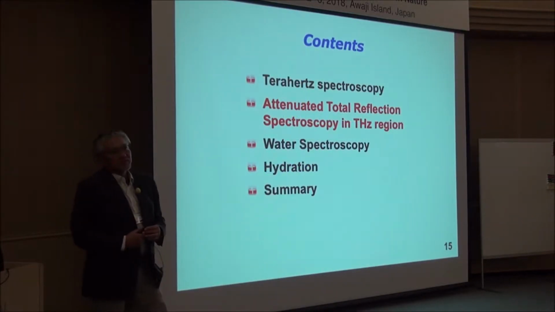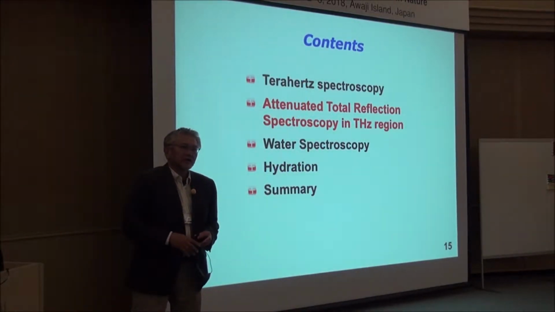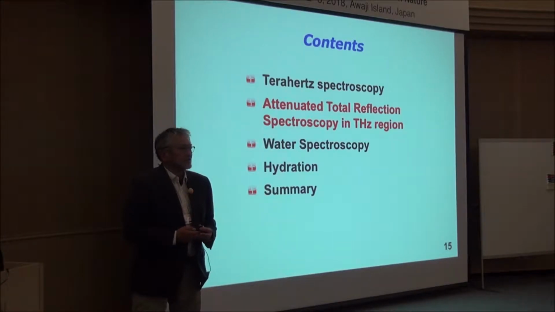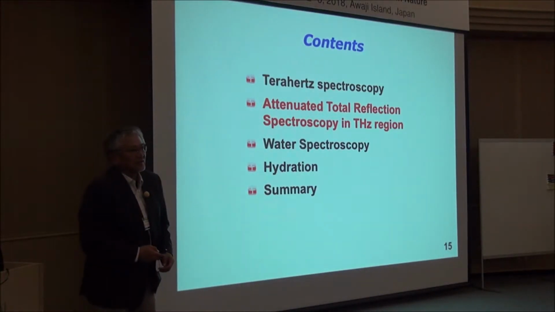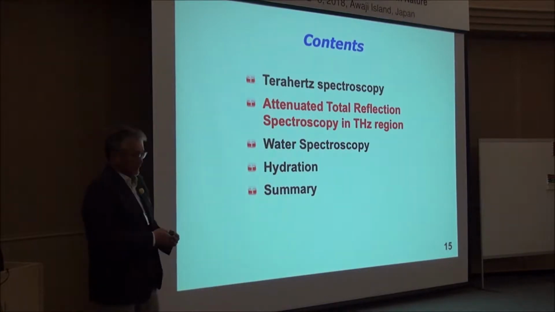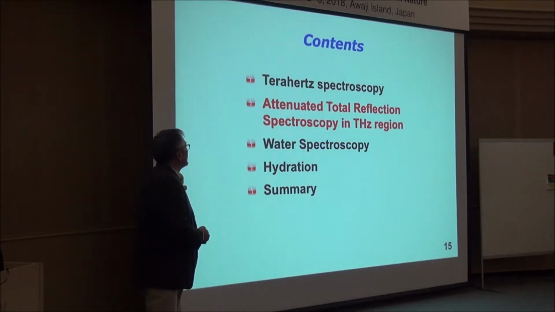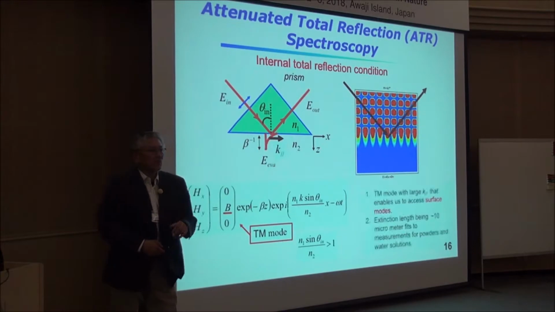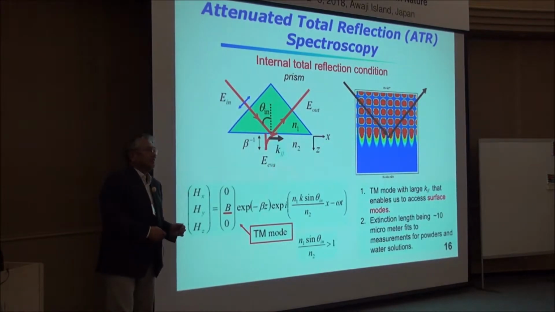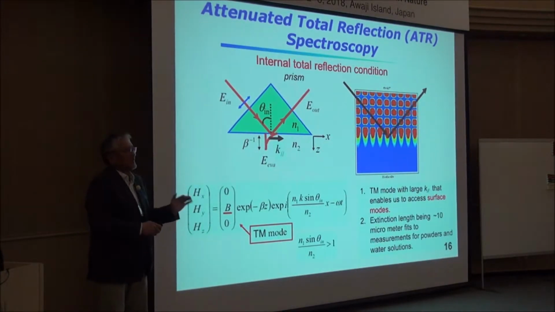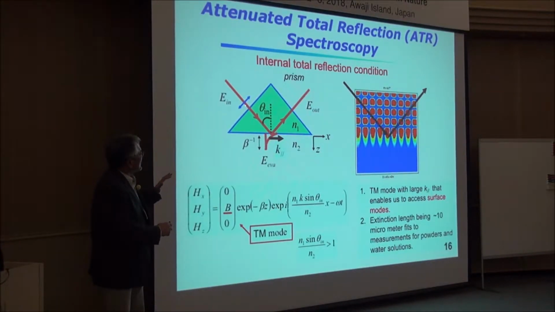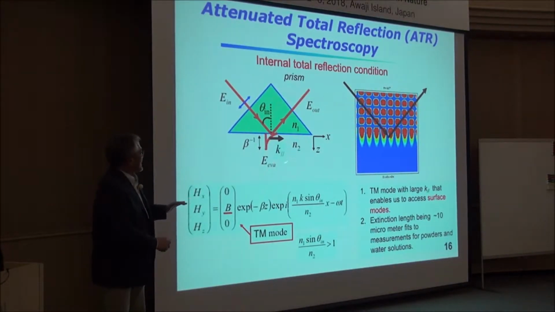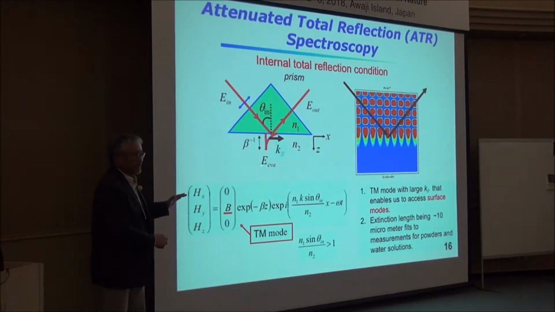All right, so this is an overview of current terahertz spectroscopy, and I want to introduce ATR, attenuated total reflection spectroscopy, in the terahertz region. In the morning, the ultraviolet ATR people will explain the technique. It's almost the same. We have internal total reflection, and outside the prism we have an evanescent wave.